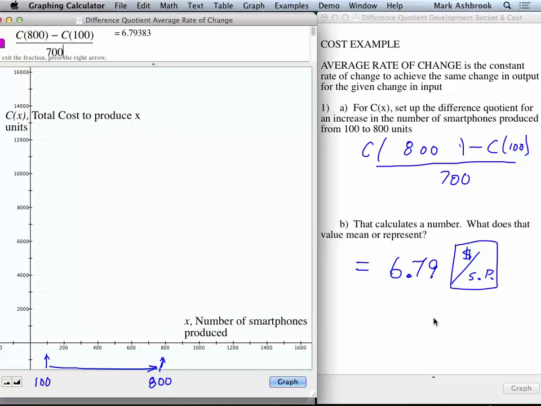Okay, so what does that number mean? $6.79 per smartphone is what? Alex? Well, for one, we're getting ripped off. Exactly.